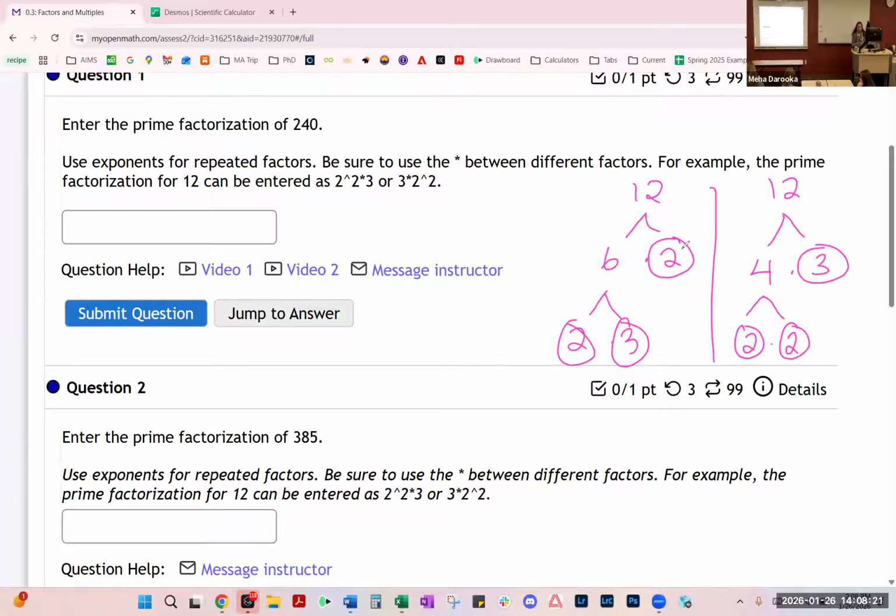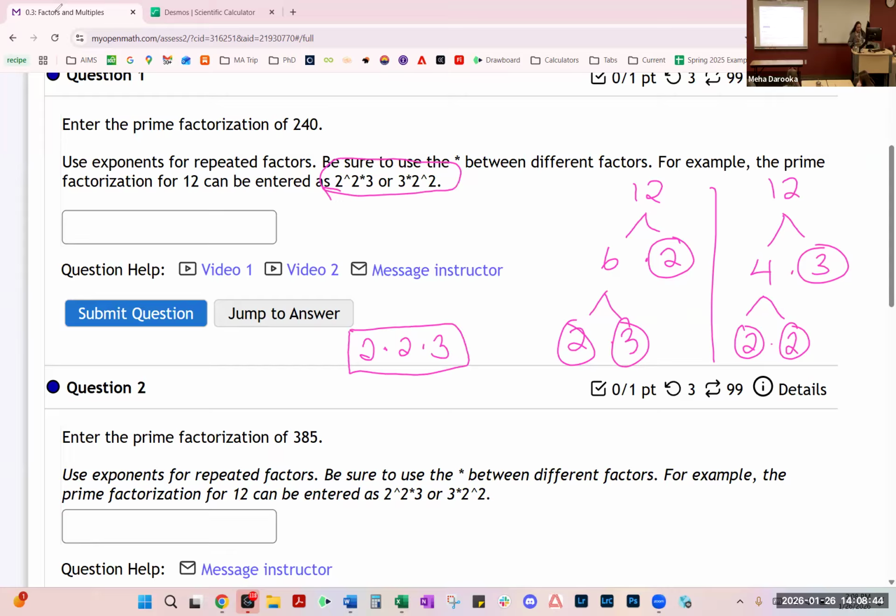But then you look at all the prime numbers that you have. From the left-hand side, we got 2, 2, and 3. And from the right-hand side, same 3 numbers, right? 2, 2, and 3. So you can see your prime factorization will still come out the same, it doesn't matter where you got started as you were breaking down the number.